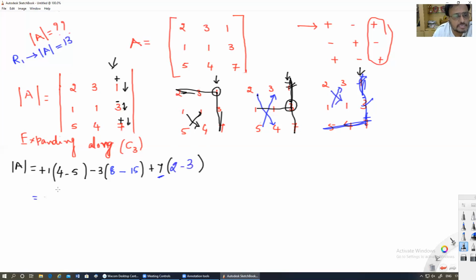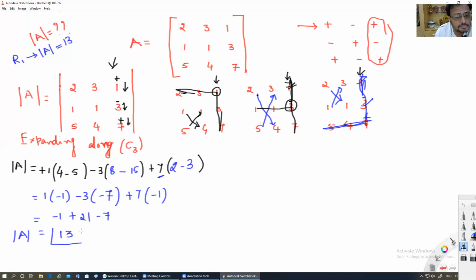Sure, the determinant must be the same. 1 into 4 minus 5, minus 1, minus 3 into 8 minus 15, minus 7, plus 7 into minus 1. Minus 1 plus 21 minus 7. Therefore 21 minus 8, that will be equal to 13. So determinant of A is equal to 13.